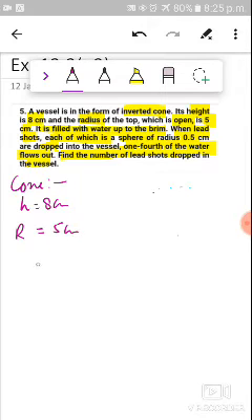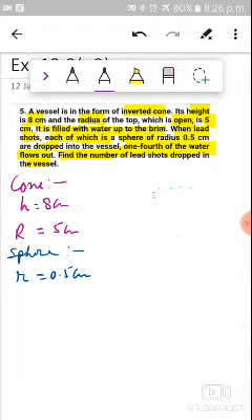Then what is given? Lead shots which are sphere. So I'm going to write here sphere, and the radius of each sphere is 0.5 centimeter.